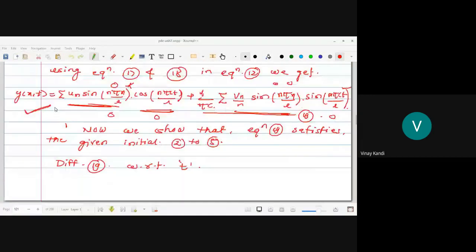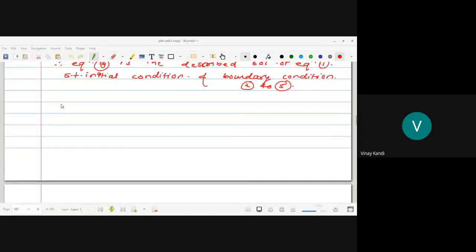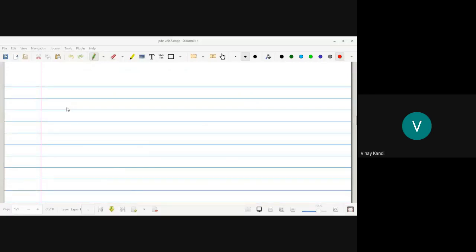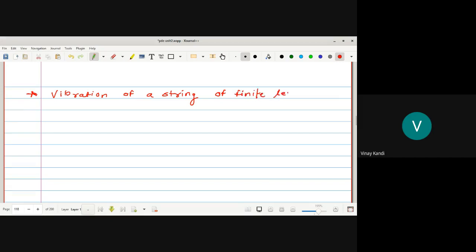Okay, look at this one. Vibration of a string of finite length, by the method of separation of variables.